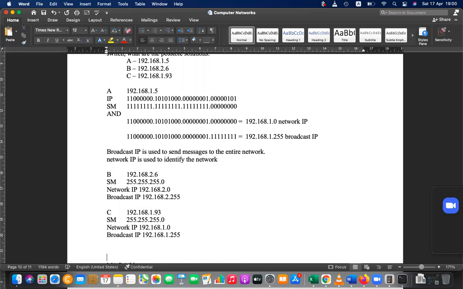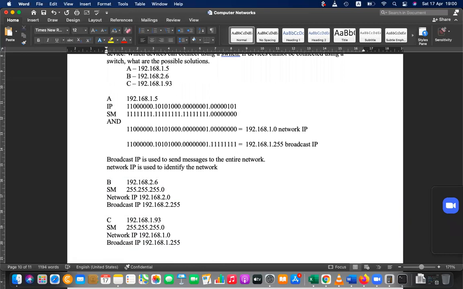So your conclusion is, which belongs to the same network? Out of A, B, C, which are the computers that belong to the same network? Yes? A and C. A and C, yes. A and C belong to the same network, because the network IP is the same.